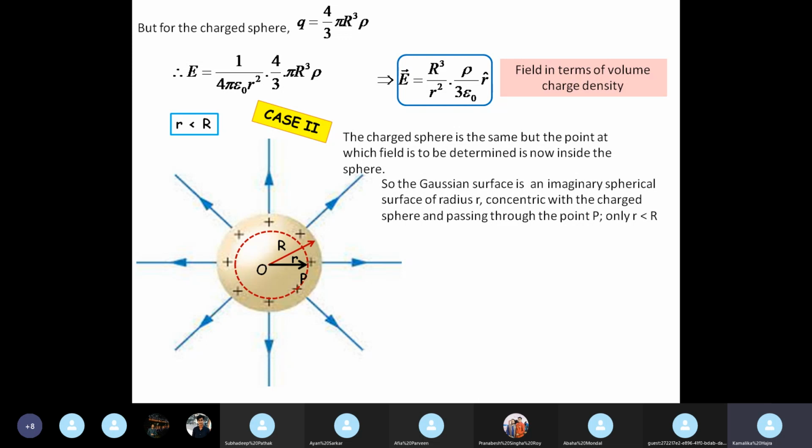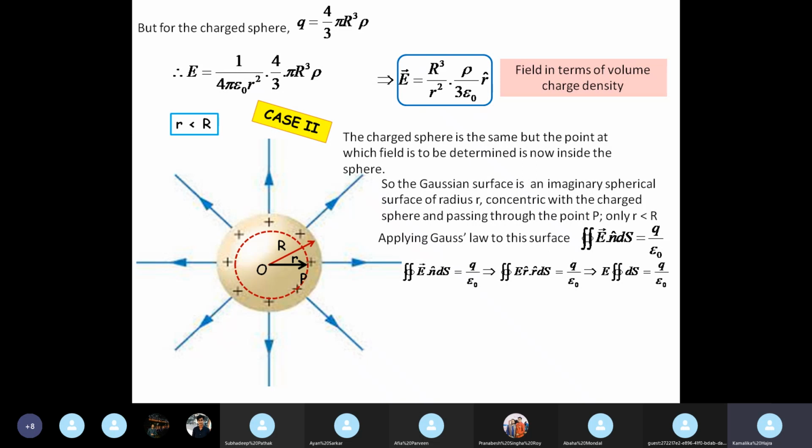It lies inside, not outside, because r is less than capital R. But having said that, when we apply Gauss's law, the surface integral of E dot n cap dS equal to q by epsilon naught, to this new Gaussian surface which is inside the solid sphere, we have to remember that everything else remains the same.